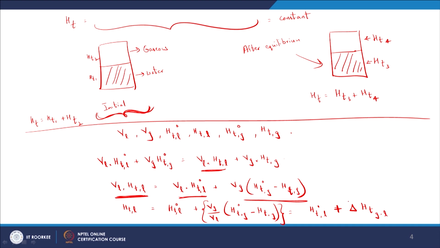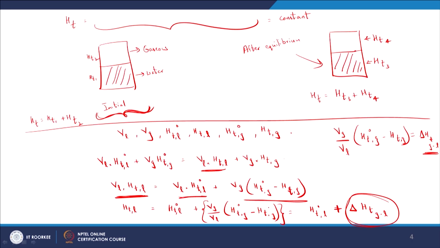I am using a different nomenclature, so that whenever I mention it, it is going to be H total gas to liquid. This is a term that I am going to use for ease of understanding. What is this giving me an idea about? It is giving me an idea about the change in H from the gaseous to the liquid phase per unit volume of the liquid. So keep this in mind.